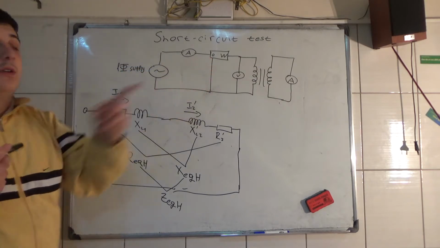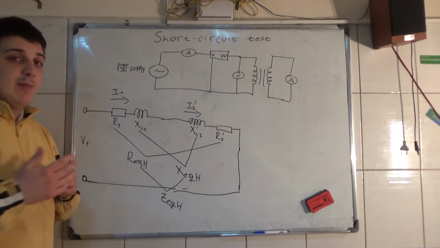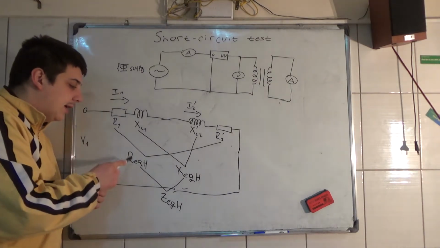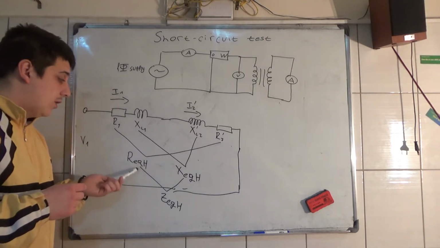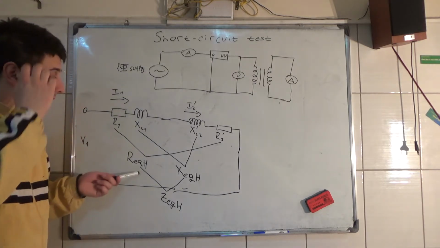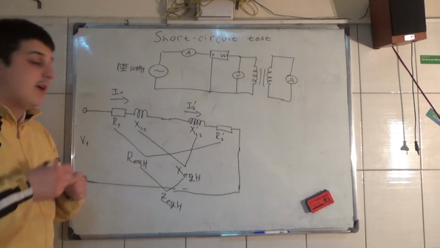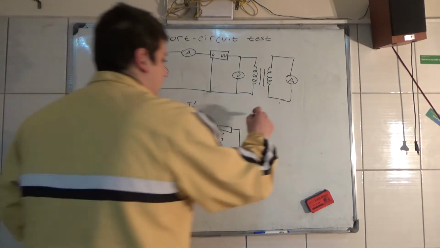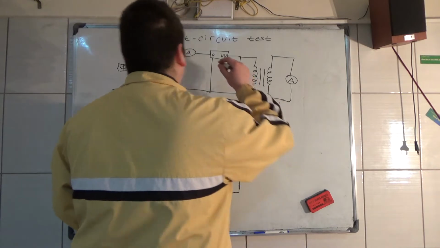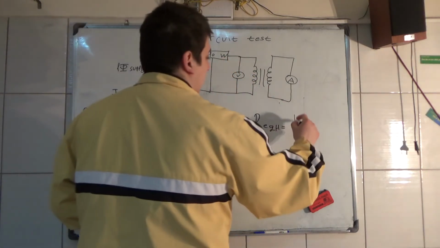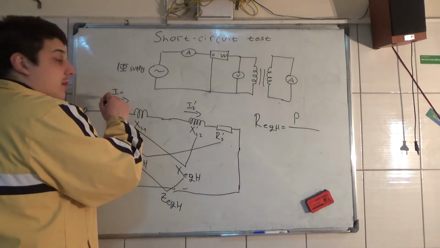Well, with the wattmeter we can measure the active power losses, and active power losses go on the R equivalent, the series resistance of the high voltage side, and that is equal to the power that the wattmeter shows divided by the current squared.